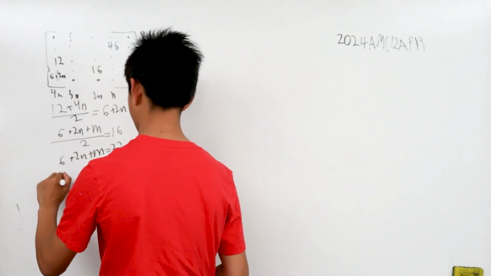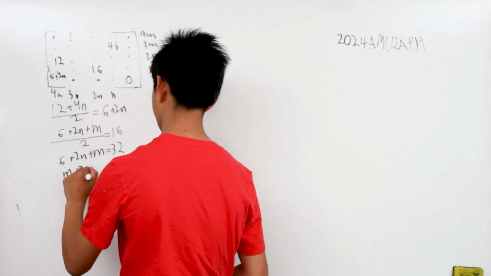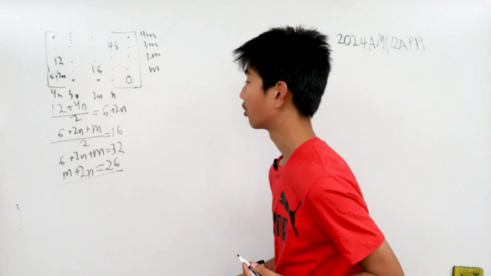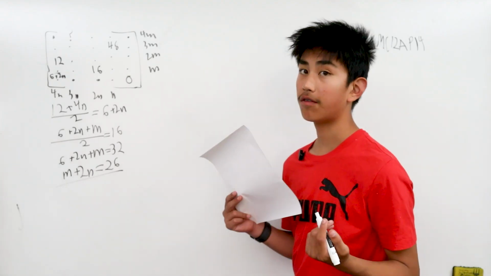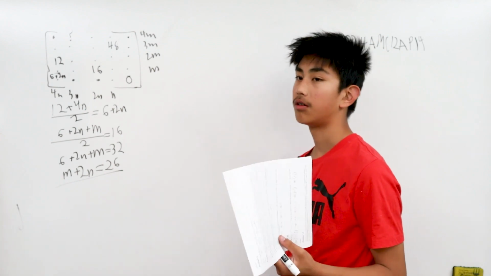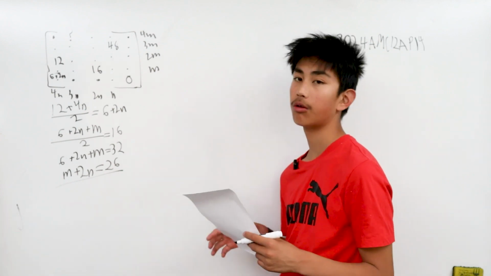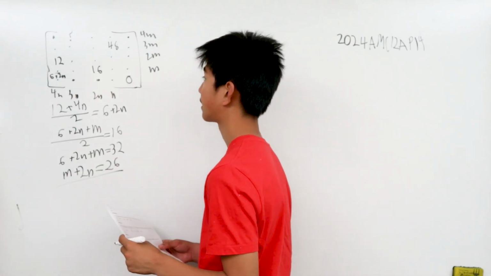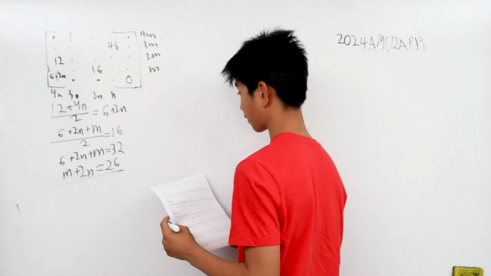Subtract the 6: m plus 2n is equal to 26. That's going to be very important for later, because we now have a simplified expression of m and n, and we can then find another equation to do a system of equations to solve for both variables.